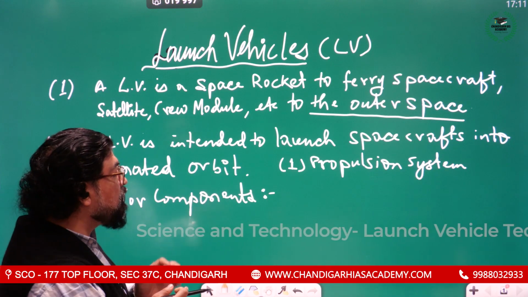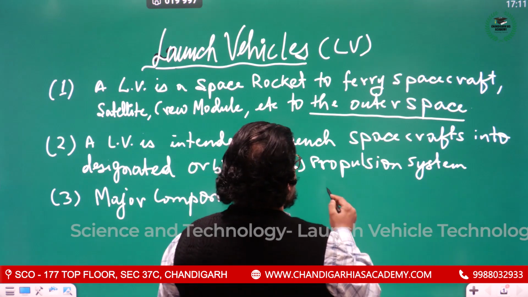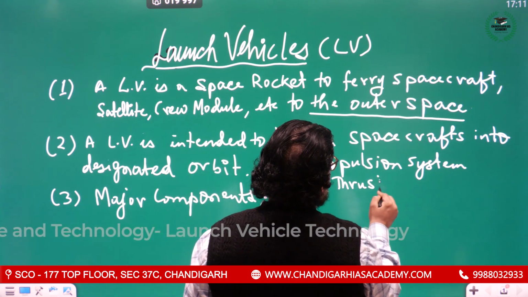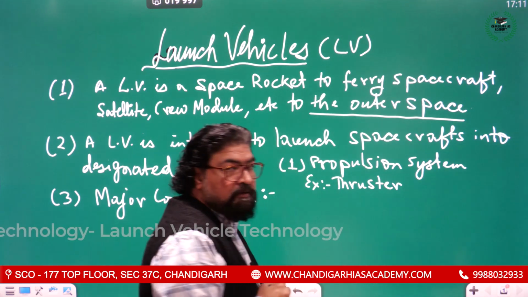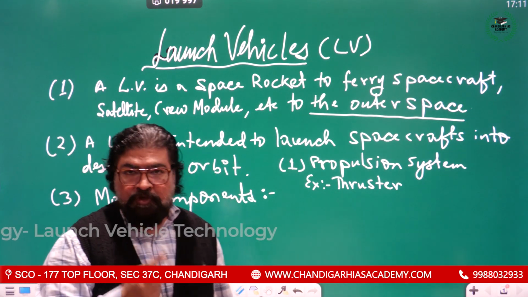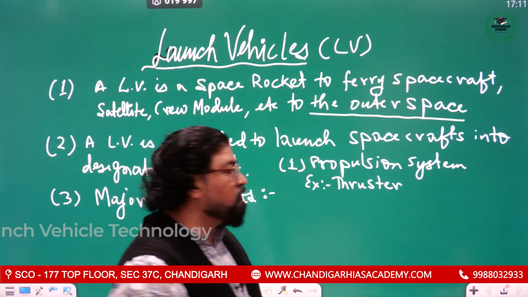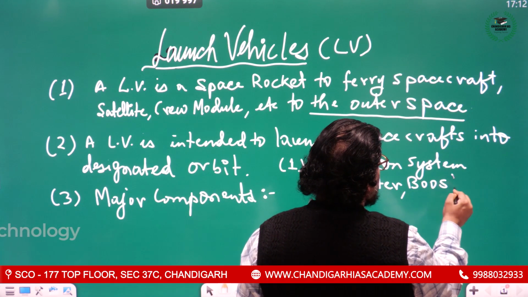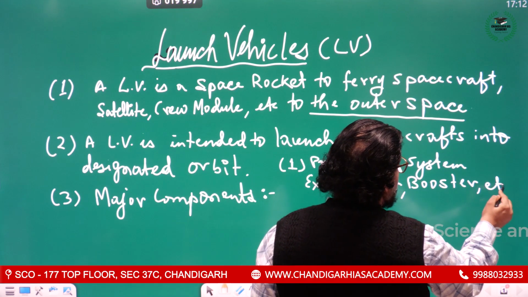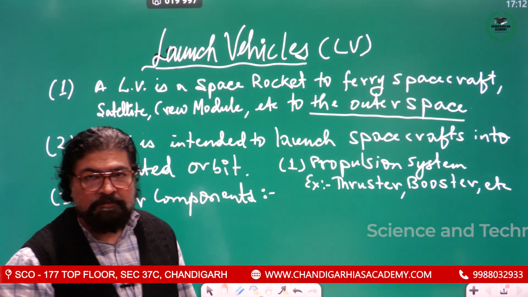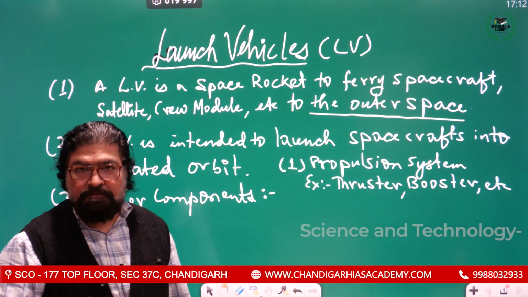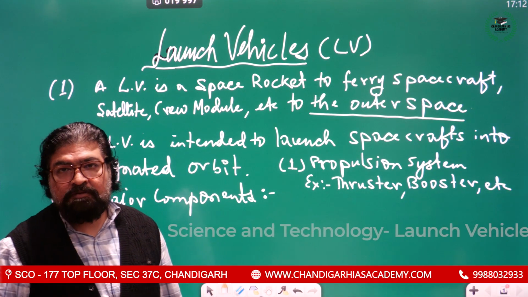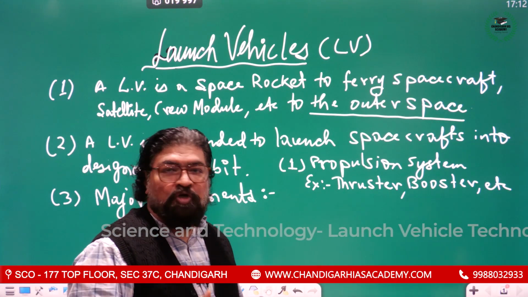When we say propulsion system, the main name is thruster, which provides thrust and takes the launch vehicle to outer space. Sometimes there can be a booster, which can enhance speed and boost the propulsion of such a space vehicle or launch vehicle.